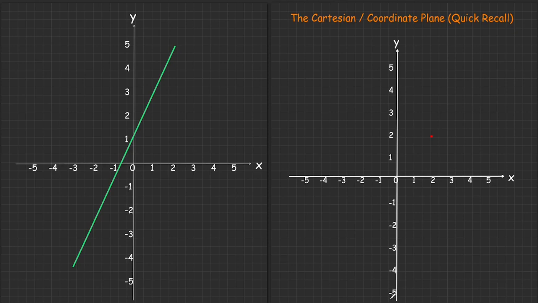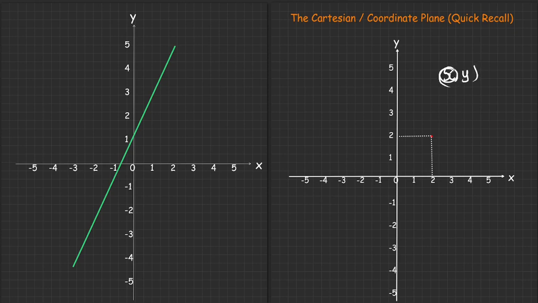What do we mean by trace? You come to the point and look at where it traces to on the x-axis. It means on the x, it is 2. Then on the y, it also corresponds to 2. Hence, writing your coordinate, you're going to write it in the form x, comma, y.